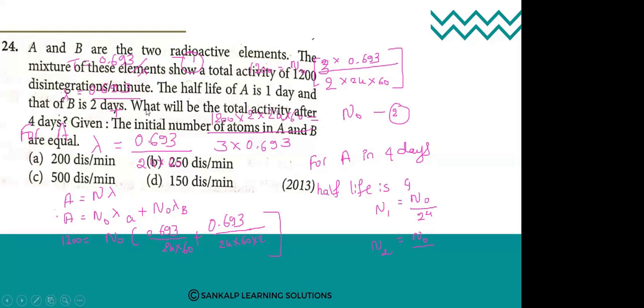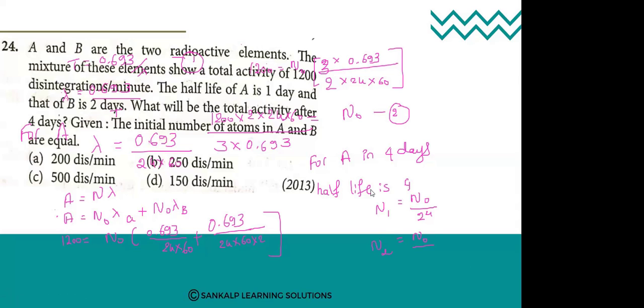Similarly for B particle, it is given as 2 days. So for 4 days, how much will it be? It will be 2 half-lives for B particle. Yes, everybody is getting okay. N1 you are saying.